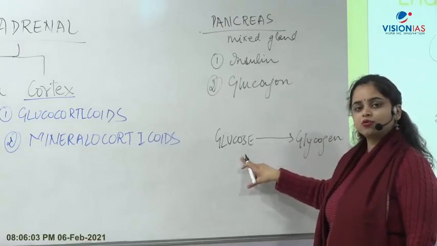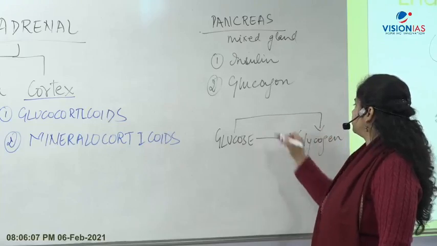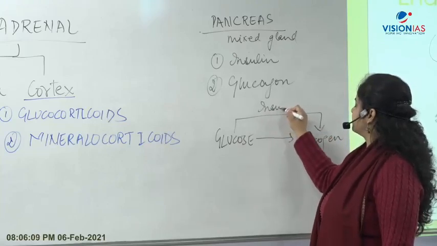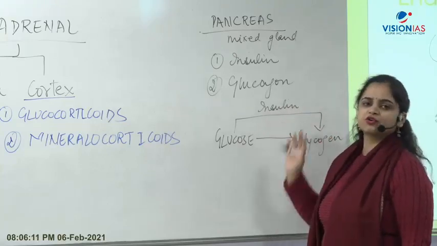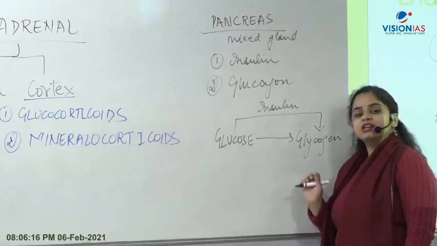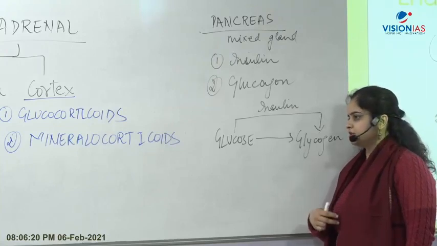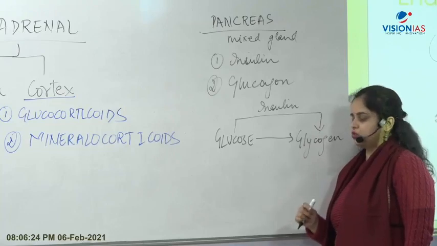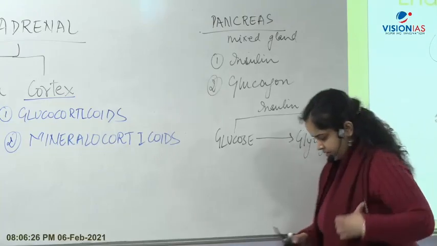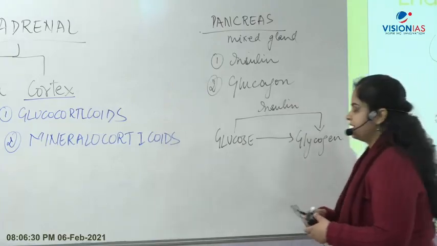Glucose, extra amount of glucose in blood is converted to glycogen with the help of insulin. So this is the role of insulin. You can write down, insulin reduces blood glucose level. Insulin reduces blood glucose levels.